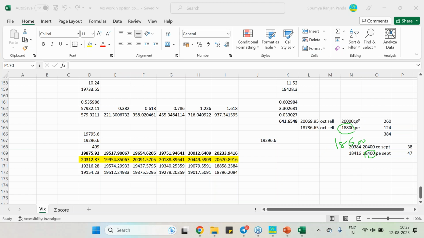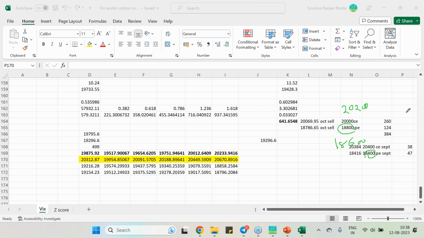Same way for 20,400, quit at 20,200. Because beyond that, delta will spoil your show and losses will be more. At this point you will have the minimum losses, so by this point you should come out.